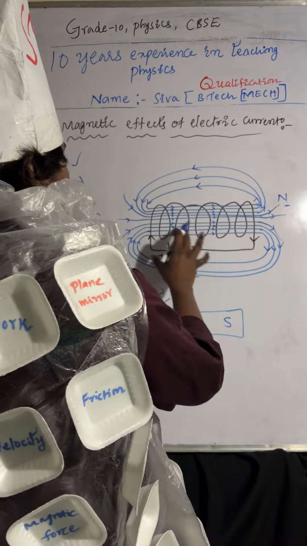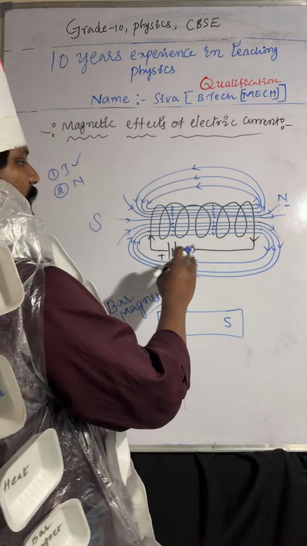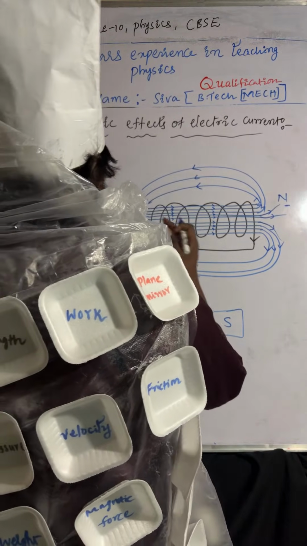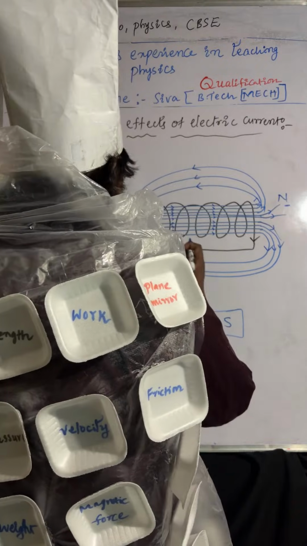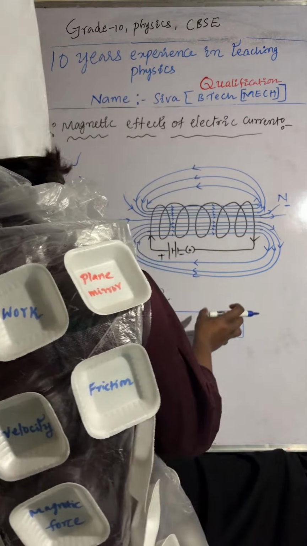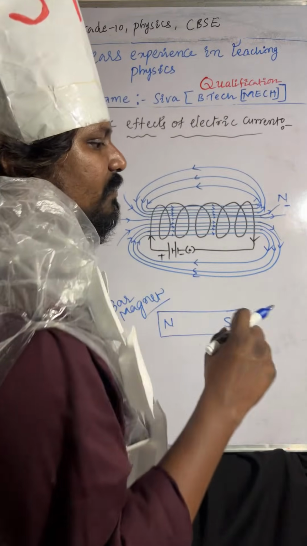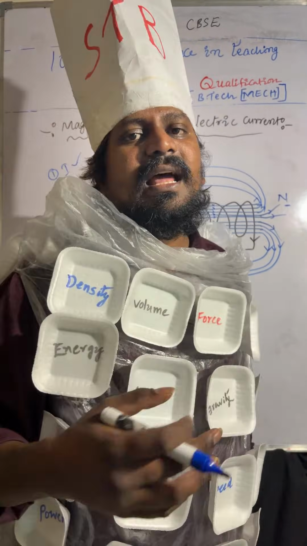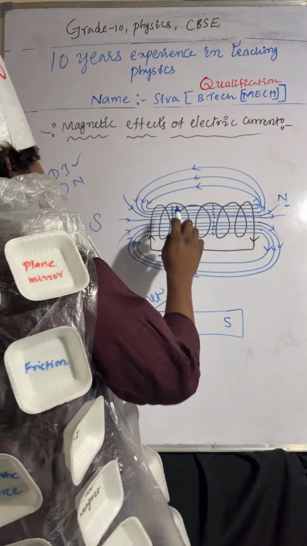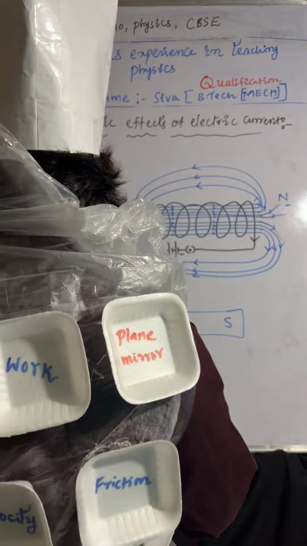By changing the battery's direction, the direction of the current changes, and automatically the poles also change. But what about the bar magnet? We cannot change the poles of the bar magnet. Understood? This is the permanent magnet and this one is the temporary magnet.